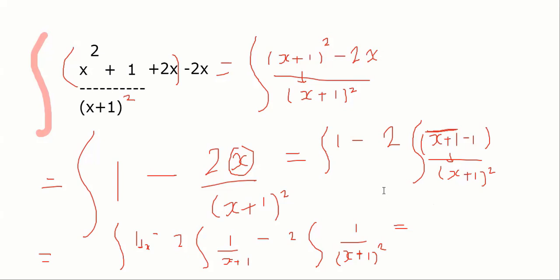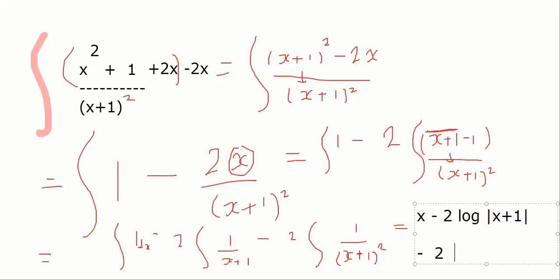So let me write with the pen now. Integration of 1 is x, minus integration of 2 into 1 by x plus 1, what will it be? 2 log of... this was the second function. Now the last one remains: minus 2 into integration of 1 by x plus 1 whole square. Tell me what will be the integration of the last thing?